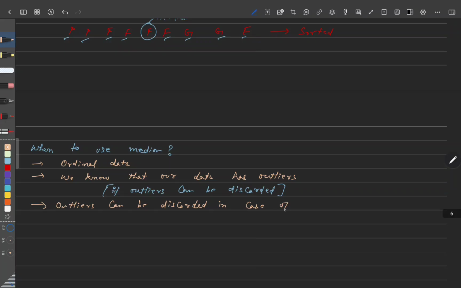In such cases, we can also use mean. Mean and median will be close in such cases.